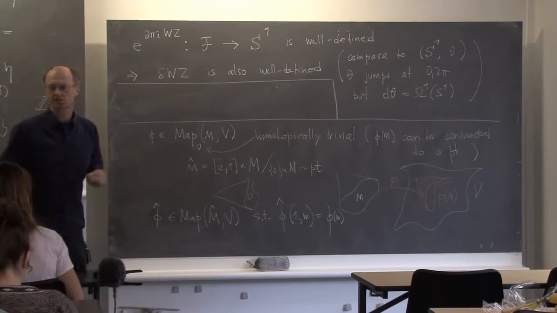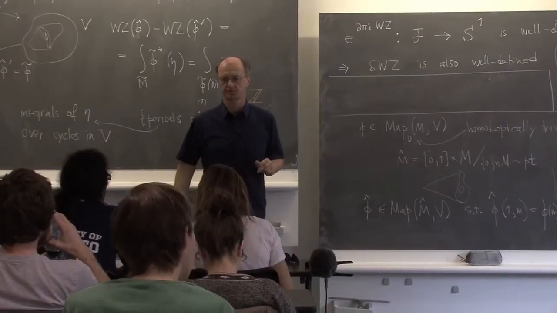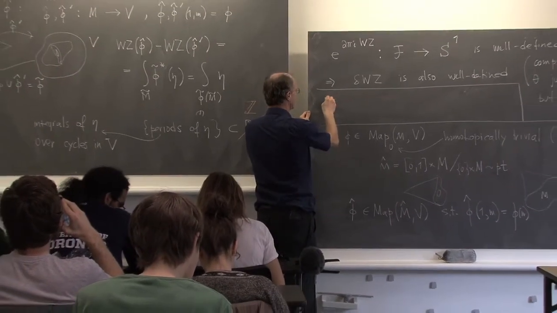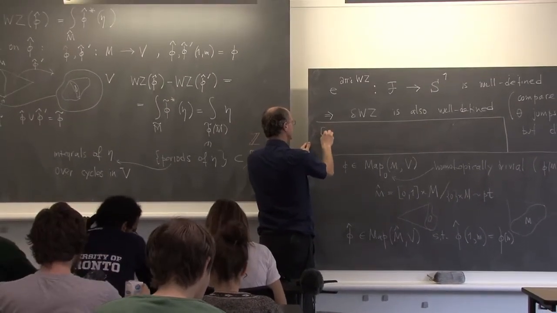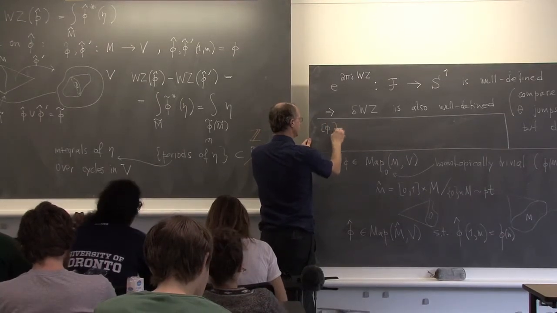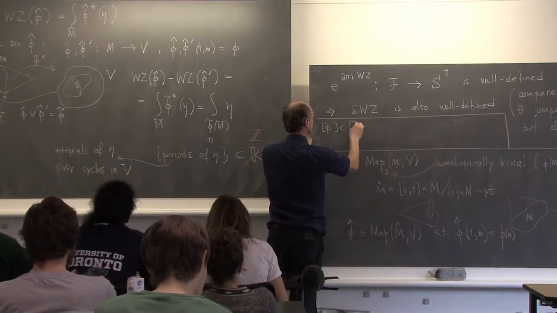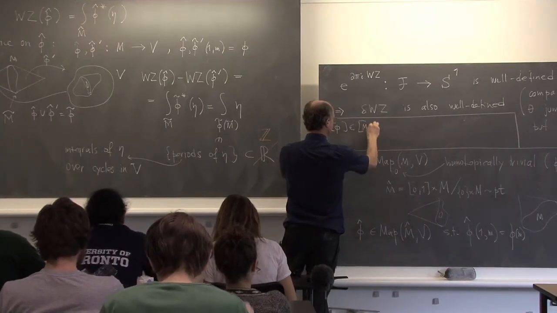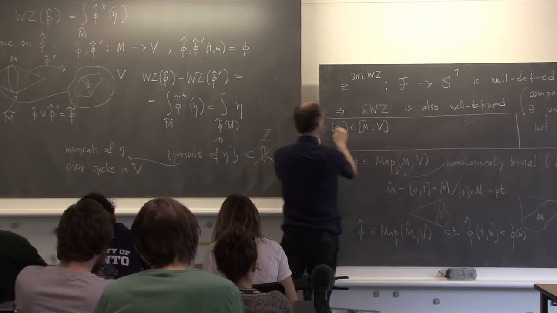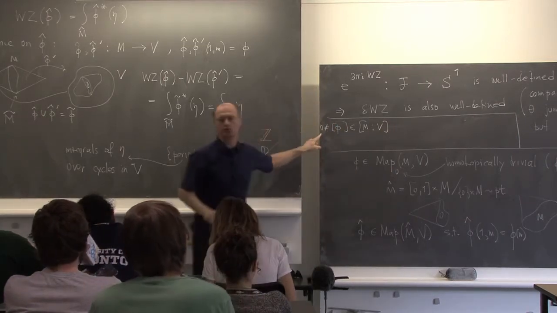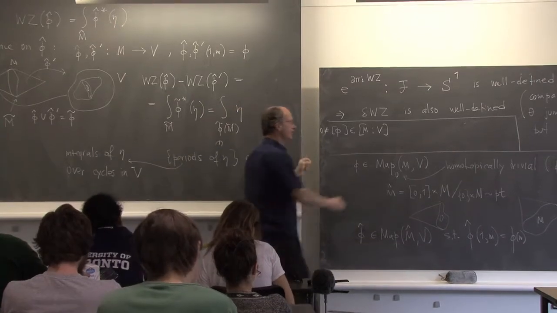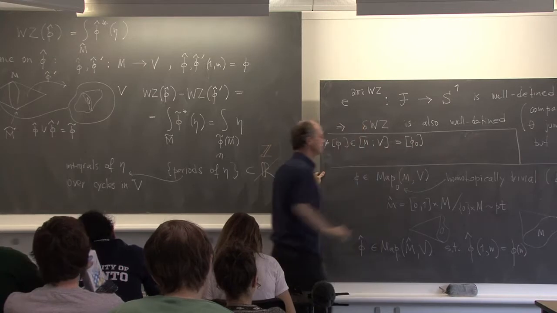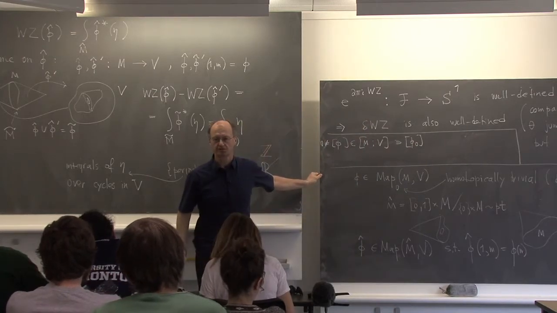Suppose that it's not homotopically trivial. Then what you can still do, you can do the following. So suppose that the homotopy class of phi in the space of maps from M to V is non-trivial, right? So then choose some standard map in this class.